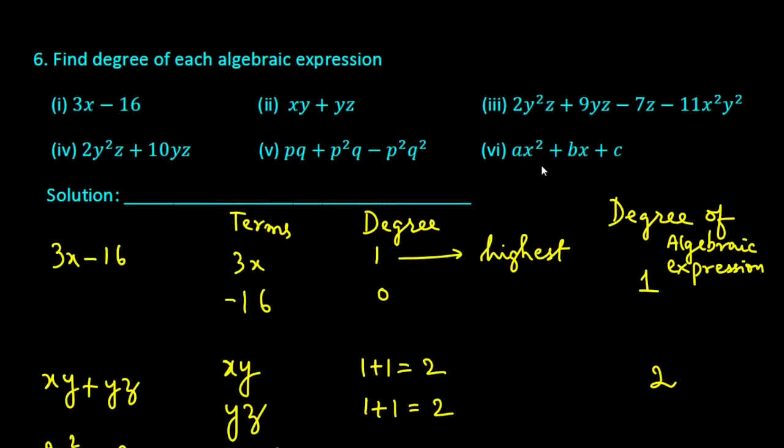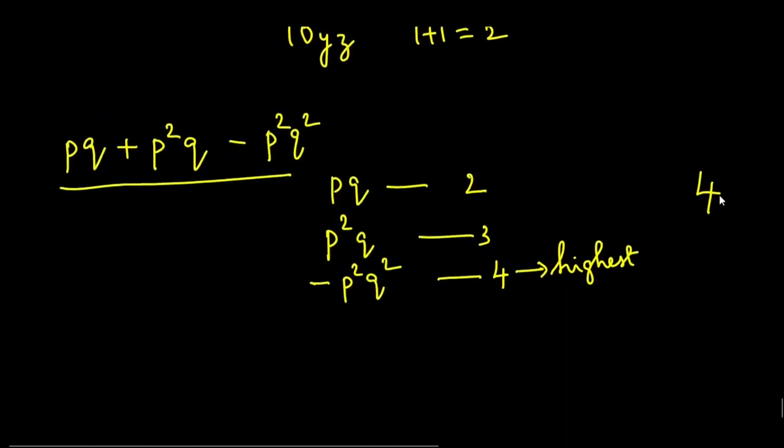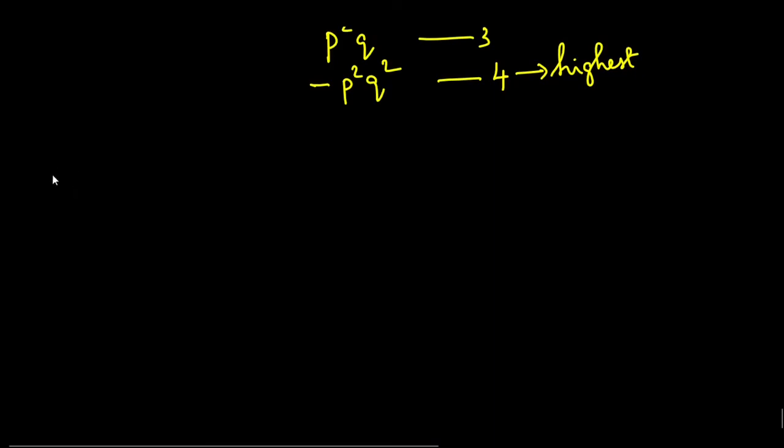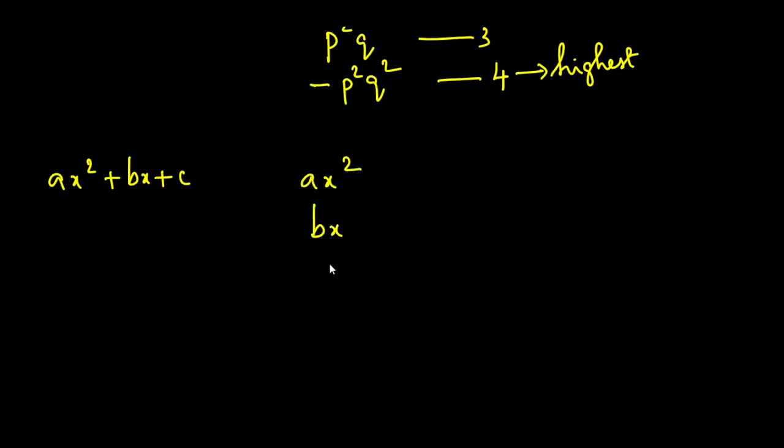Sixth one, ax square plus bx plus c. In this algebraic expression, we have three terms, ax square, bx, and c.